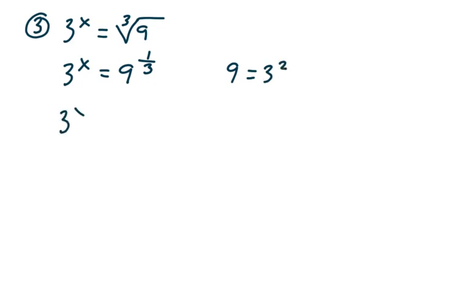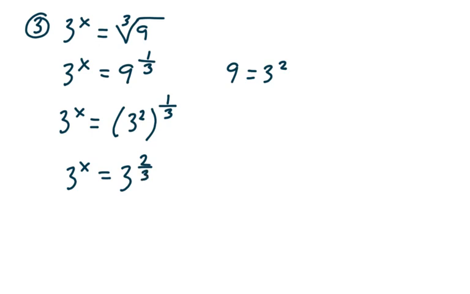So 3 to the x is 3 squared raised to the 1/3 power. But 2 times 1/3 is 2/3. So 3 to the x is 3 to the 2/3.